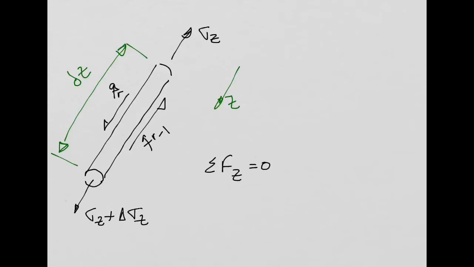And I just need now to include all the forces in this z direction. So let's continue here. Which forces do I have in the z direction? Starting with the direct stresses, I have this stress sigma z plus delta sigma z.